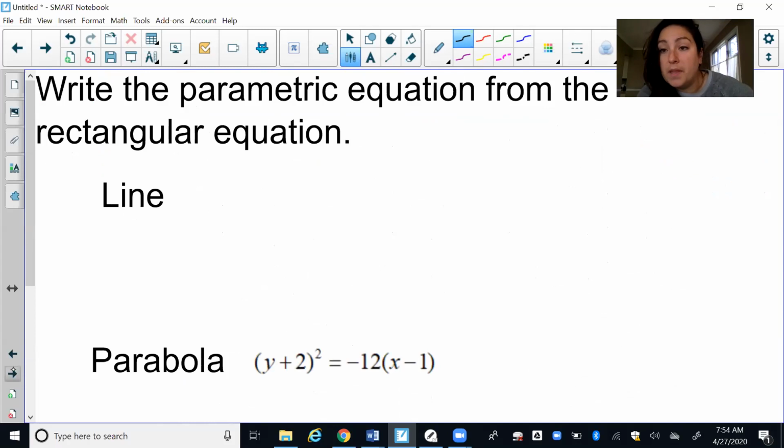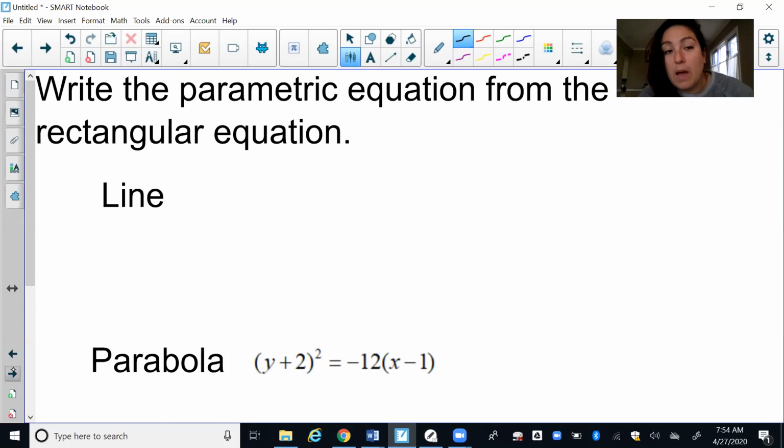All right, another common question that I got, and again, you guys were very vague, so there were a lot of questions that said writing parametric equations. I was like, okay, writing them given the rectangular form, writing them given context, but what do you mean?